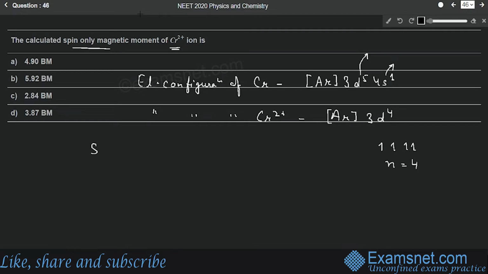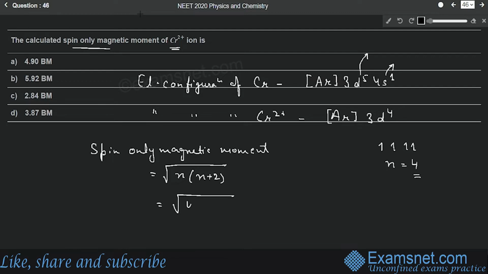So, what is the formula to find the spin only magnetic moment? Spin only magnetic moment is equal to root n into n plus 2, where n is the number of unpaired electrons, which is 4 in this case. So let's put the value here.